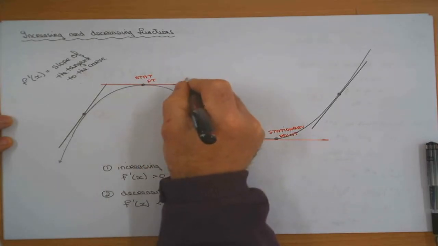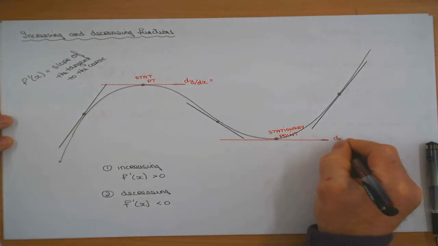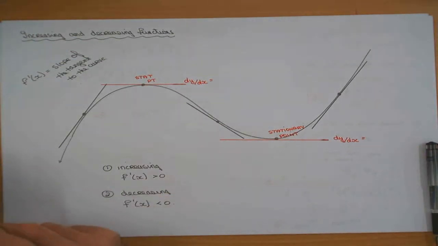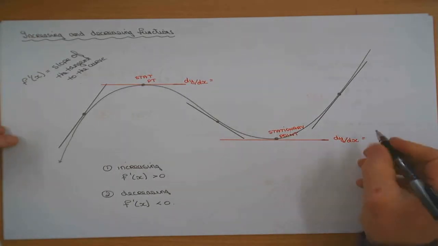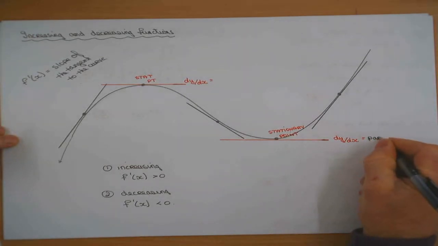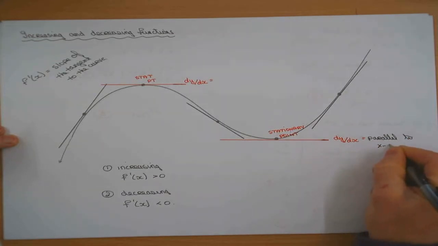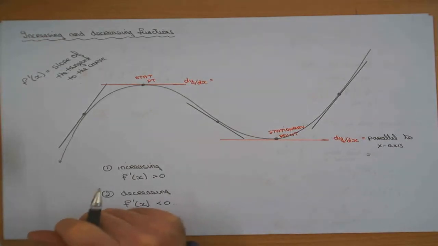What's dy dx there? And what's dy dx there? Okay, well it's parallel to the x-axis. You'd agree with that? Yes? So the slope here is parallel to the x-axis, so therefore it has the same slope as the x-axis.